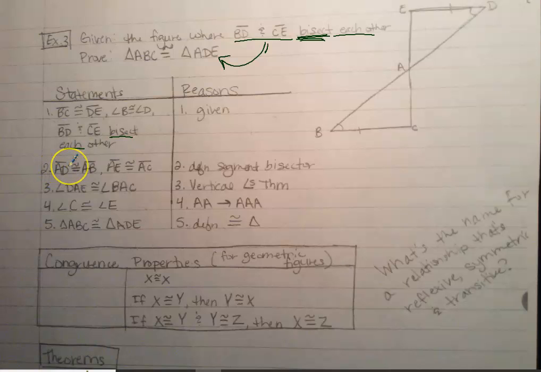So segment AD is going to be congruent to segment AB. And I'm going to mark it. And I know that segment AE is congruent, so I'm going to put 3 marks on that, to segment AC. And so 3 marks to show their congruence. And I know that because it's the definition of segment bisector.